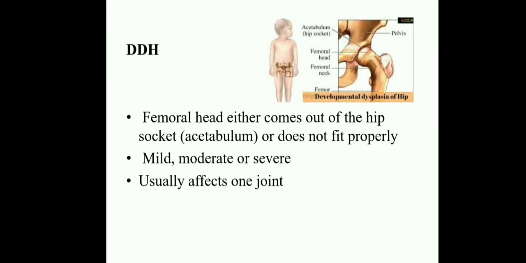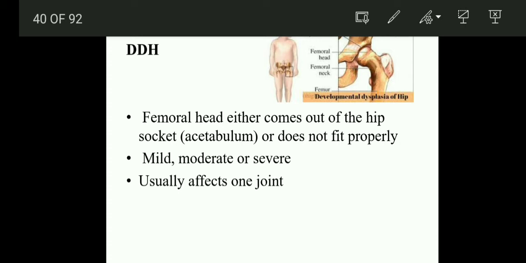In DDH, the femoral head comes out of the hip socket, that is the acetabulum, or does not fit properly in the ball and socket joint. So displacement is there, and because of that it is termed dysplasia of the hip.